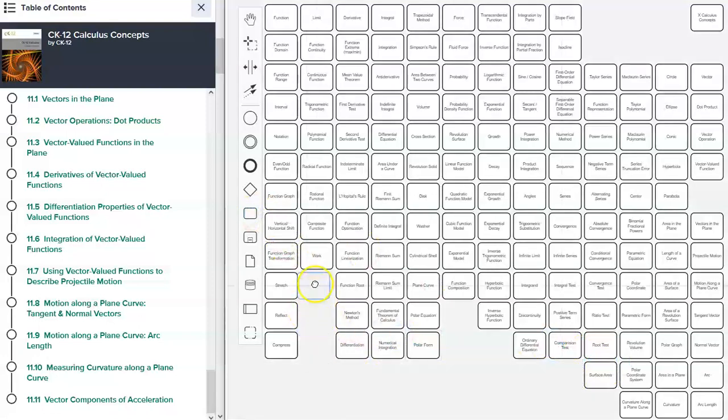Let's go ahead and add measuring over here. See if that's different than calculating. Acceleration. That's another physics term. Acceleration. So vector components of acceleration. What is a vector component? Interesting.